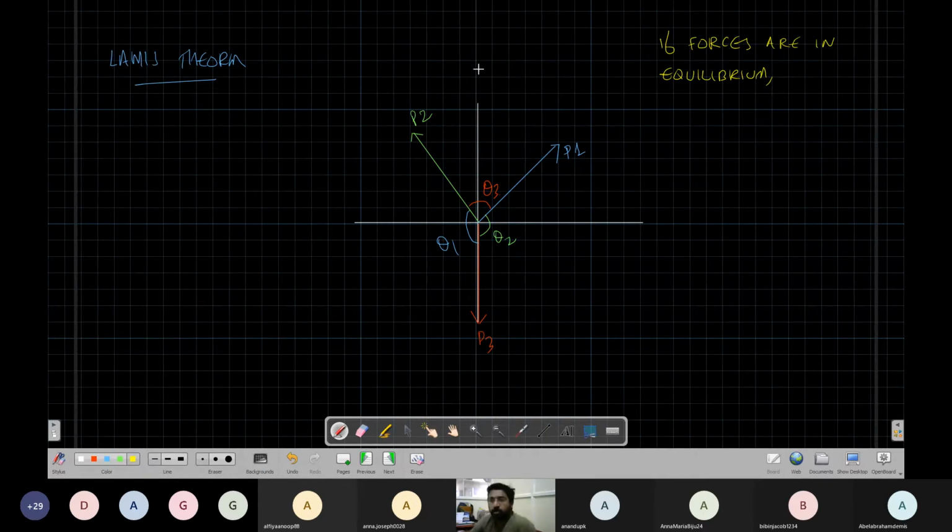Then we know that if I superimpose them as a polygon, those three should close. For equilibrium, I can use the graphical method to get a closed polygon.